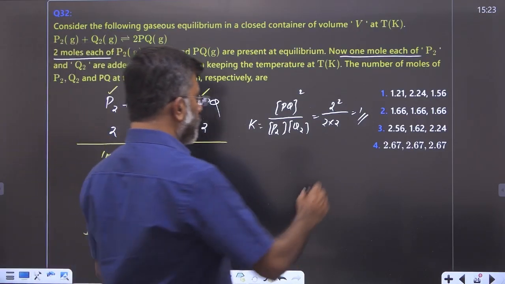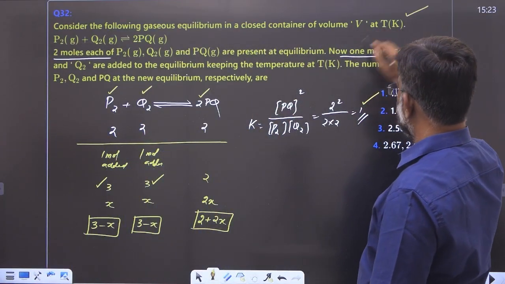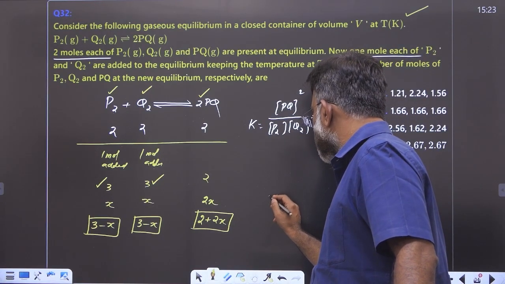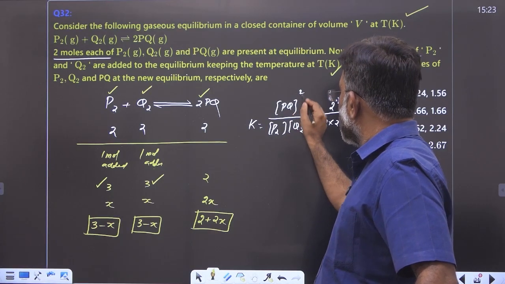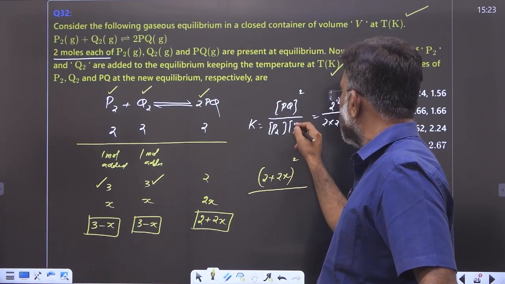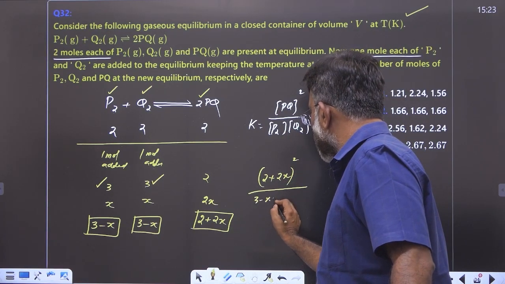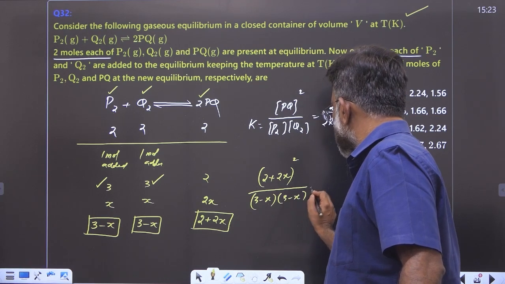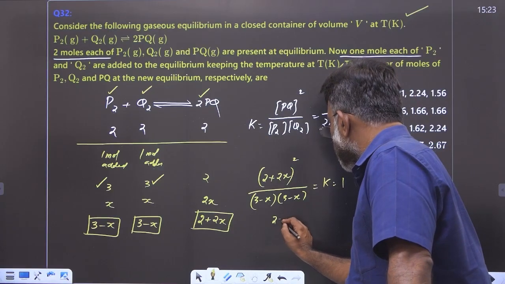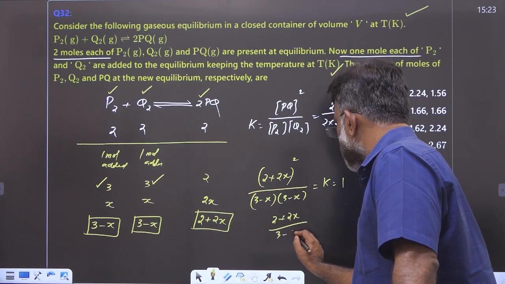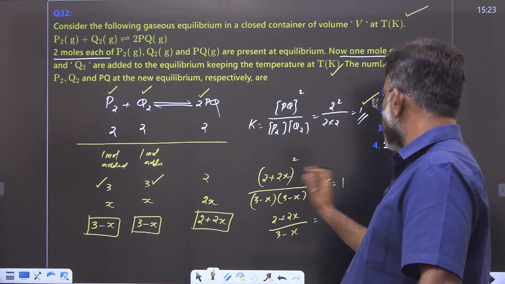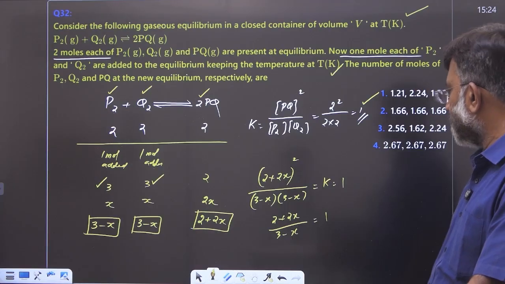Right. But remember, equilibrium constant remains same as there is the same temperature. Okay. So what we can do now is, once again, K equal to PQ square, that is 2 plus 2X the whole square, divided by P2 Q2, that is 3 minus X into 3 minus X, equal to K equal to 1. Taking square root on both sides, that means 2 plus 2X divided by 3 minus X equal to 1.